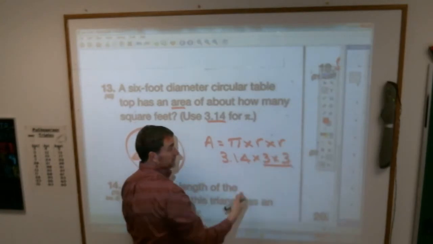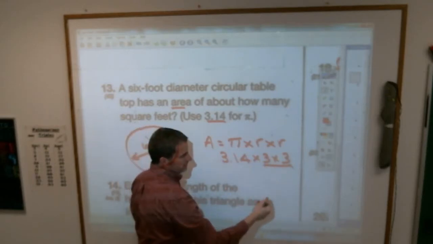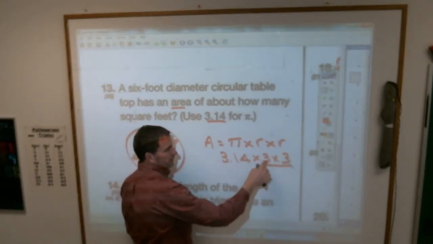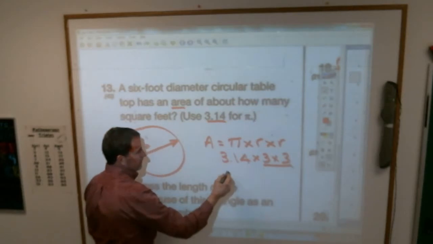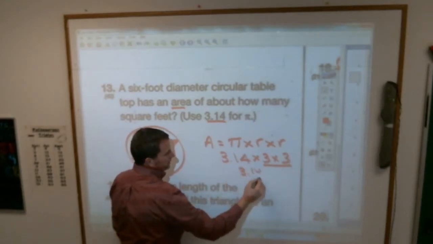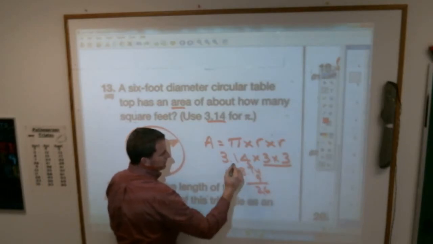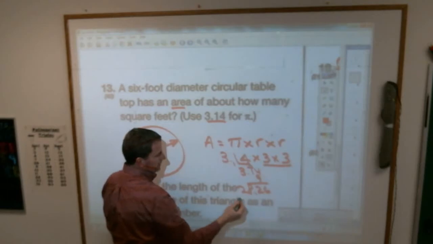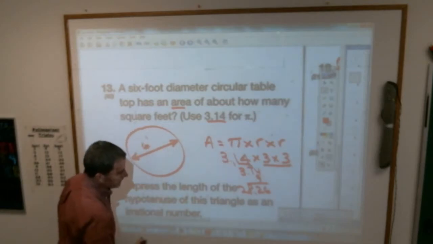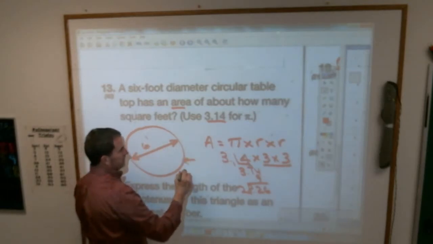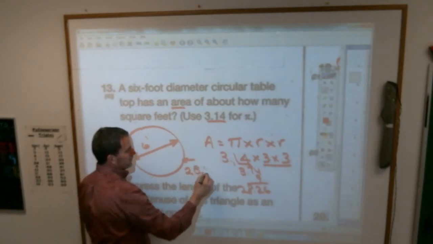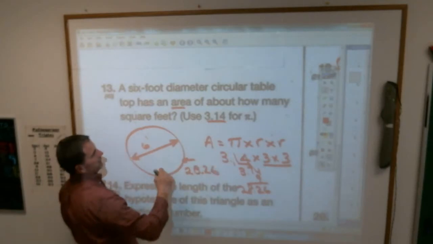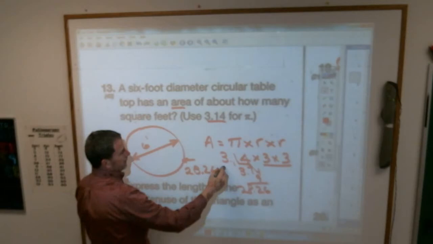I would do the two 3s first rather than doing this times that, because you can multiply in any order. 3 times 3 is 9, so 3.14 times 9, 28.26, and it is in feet.